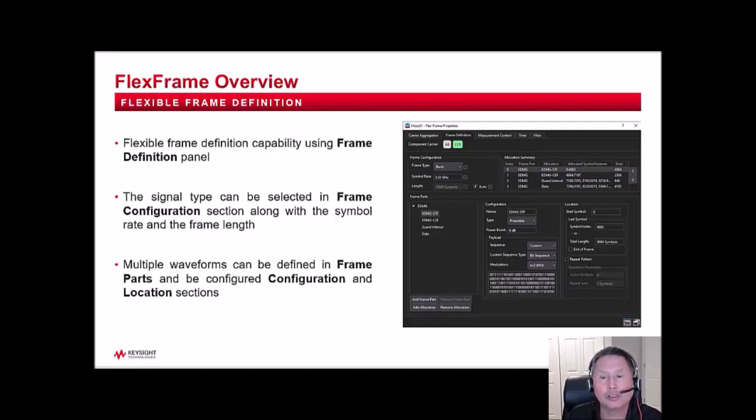The length and location of each allocation in the frame can be defined in location. If the allocation is repeated in the frame, then the user doesn't need to define the allocation part each time. Instead, a repetition structure can be defined as a repeat pattern in the frame definition panel.